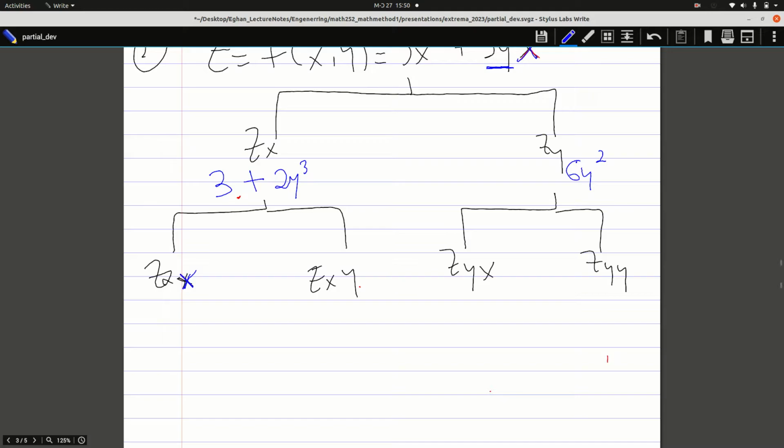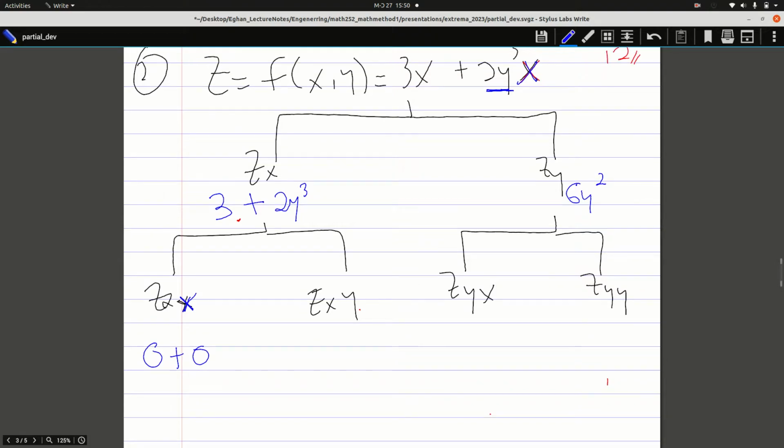You realize the first term will be 0 plus 0, there's no x term there. So it's simply 0. Now it says go back to the same zx and now differentiate with respect to y. The 3 goes to 0 because it's a constant, plus, can I differentiate with respect to y? Yes, I get 6y squared. We are applying the power rule here.